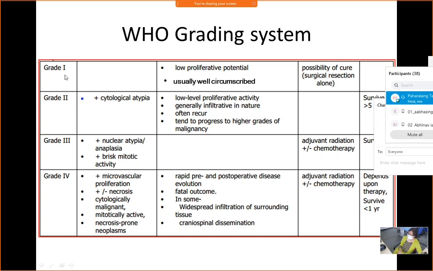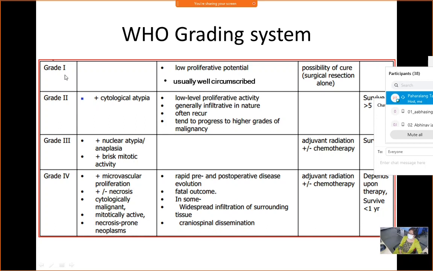The astrocytes become hyperplastic and hypertrophic in gliosis. So when a tumor is a grade 1, it is extremely difficult for us to differentiate between a reactive gliosis and a low-grade glioma. What comes to our rescue is the radiology and the clinical symptoms of the patient.